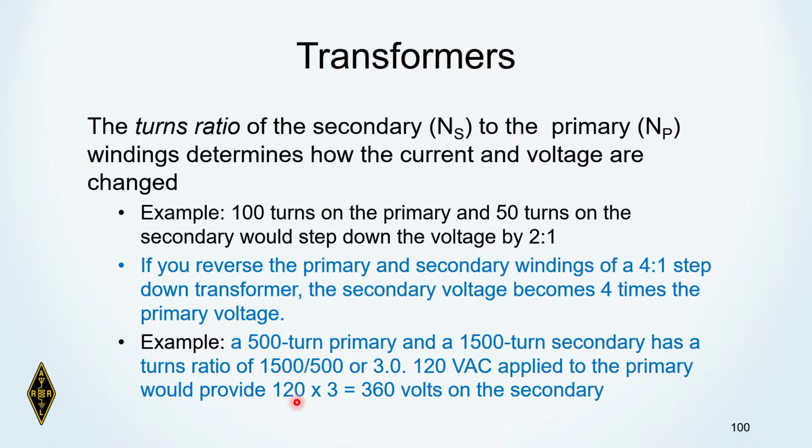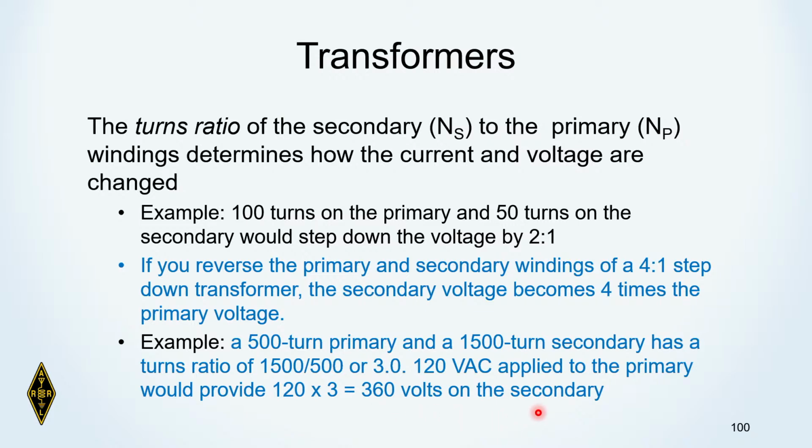Has a turns ratio of 1500 over 500 or 3. 120 volts applied to the primary. Now the primary's got 500, the secondary's got 1500, so it's a step up transformer. So 120 volts applied to the primary would provide 120 times 3, or 360 volts on the secondary.